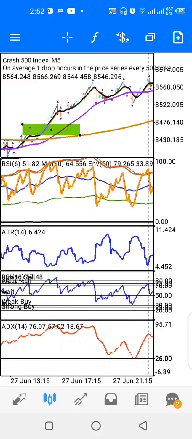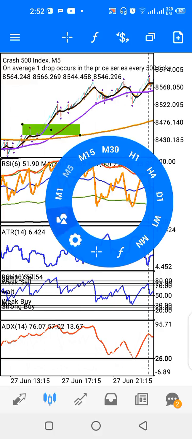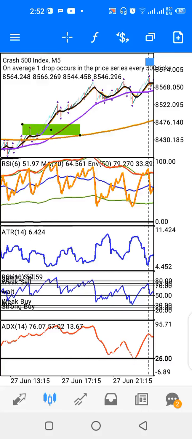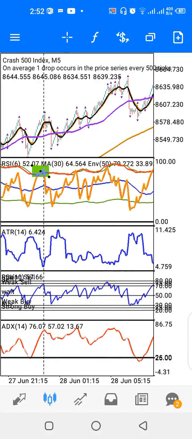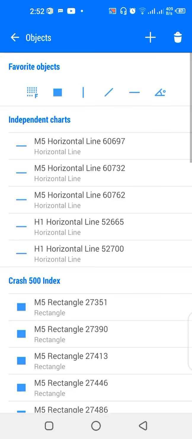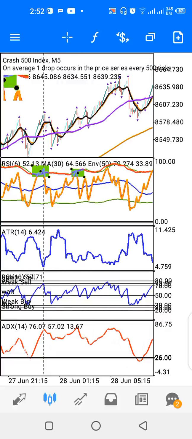Now for indicator window 1, for crash index, you look for this to tell you when price will spike. Whenever the orange line touches the upper envelope band, price is likely to spike downward.